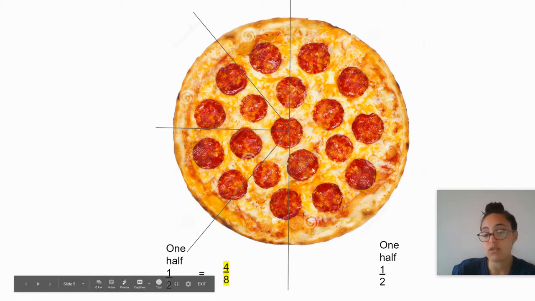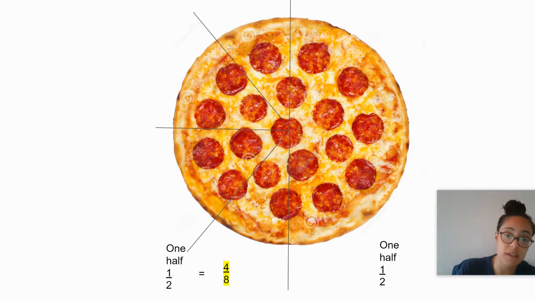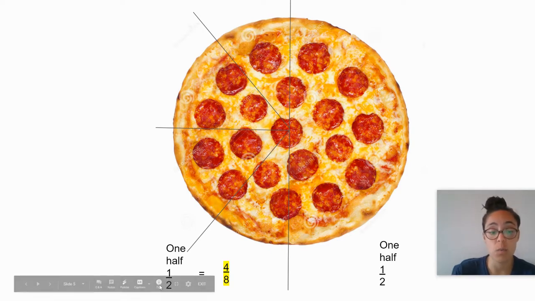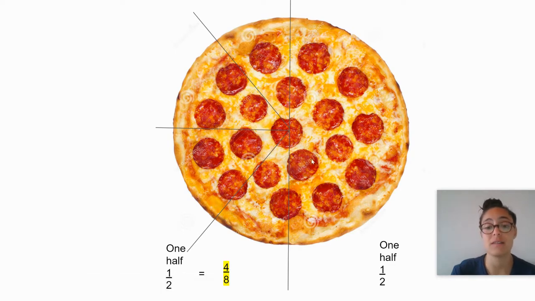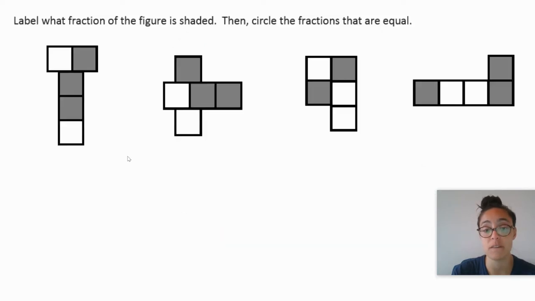I know if I were to draw 4 slices over on this side, I have to have 4 slices on that side because that's what would make it equal. So we know that 1/2 is equal to 1, 2, 3, 4 out of 8 slices. So this is 1/2, but if we break it into 4 slices over here, we need to have 4 slices on the other side to make it an equivalent fraction.